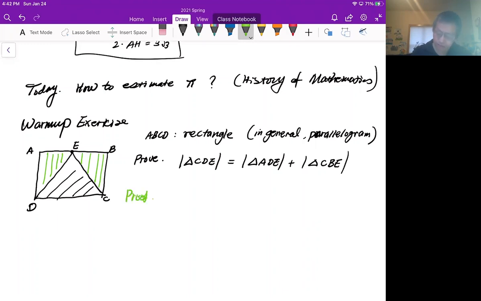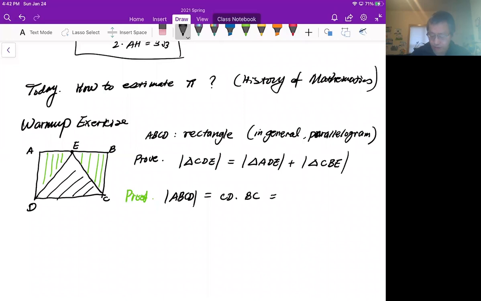Okay. So first of all, if I want to get the area of ABCD, suppose it's a rectangle, all right? Don't worry about the parallelogram; it's the same thing. Then the area will be the base CD times the altitude, which is BC, right?